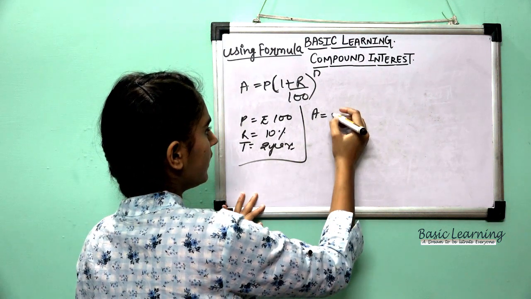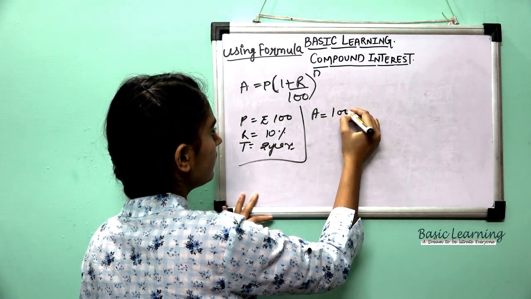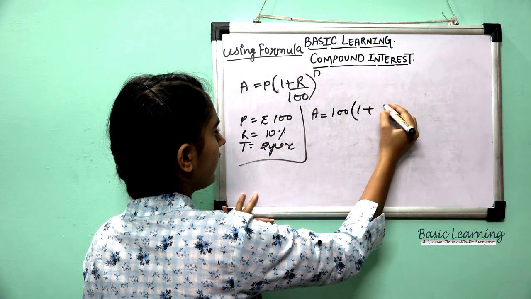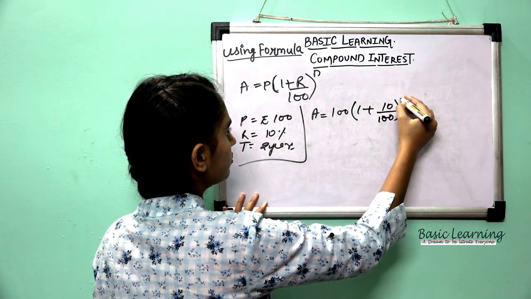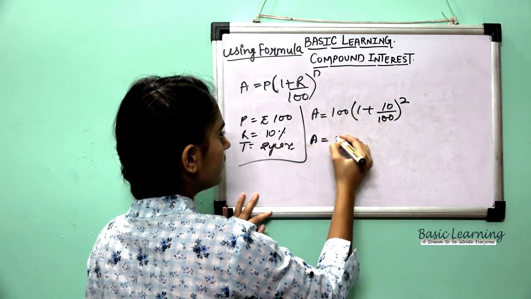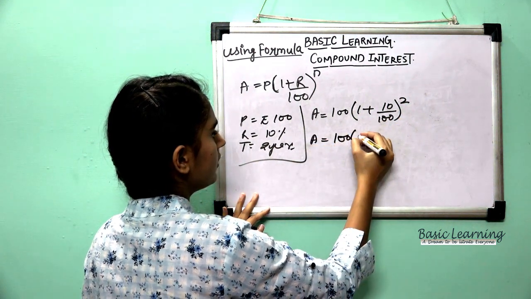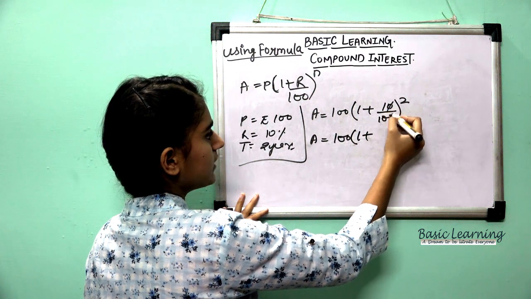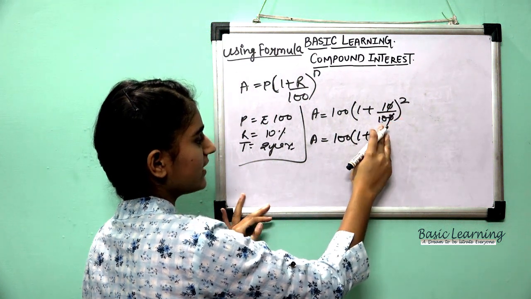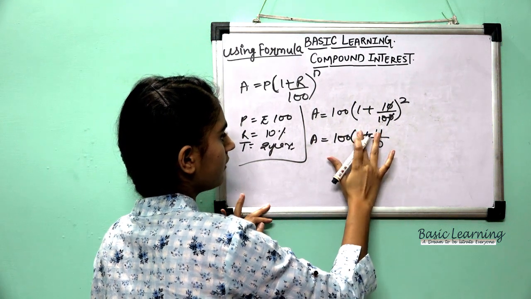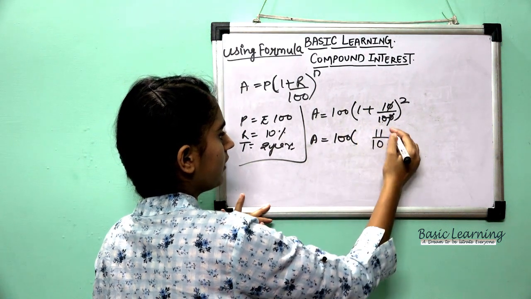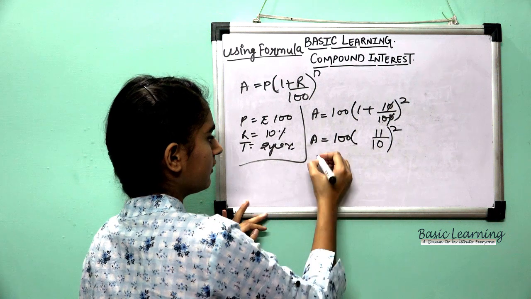So amount equal, principal is 100, bracket 1 plus rate 10% upon 100, and number of years are 2. Zero cancel by 0. Taking the LCM, 10 1s are 10 plus 1, 11 upon 10 whole square.